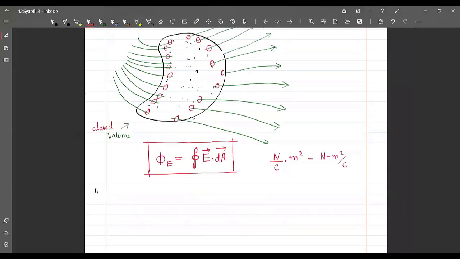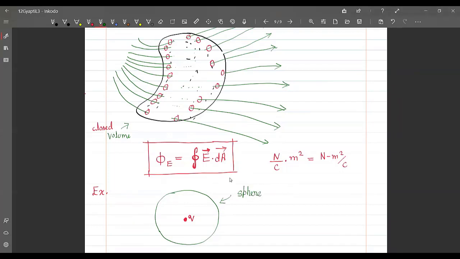So let's take an example for which I already know the electric field. Take a point charge Q, and I will take the closed surface as a sphere.